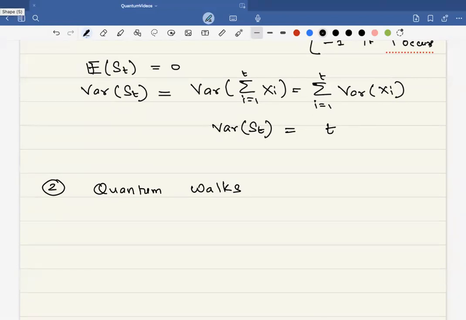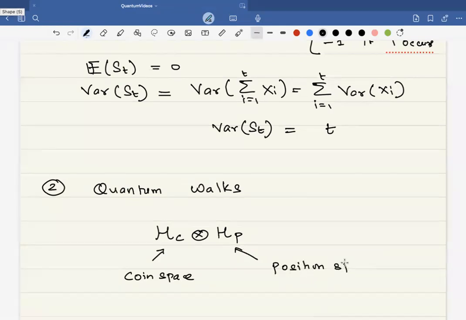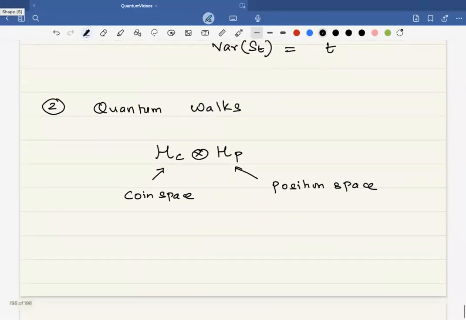So the quantum walk happens on a tensor product of two Hilbert spaces, H_C tensor H_P. So this is called the coin space, and this is called the position space. And again, we'll look at the specific example of a one-dimensional quantum walk. So in the one-dimensional case, there are 2 degrees of freedom. So in this case, H_C will be the span of, let's say, right and left direction, because there are 2 degrees of freedom.